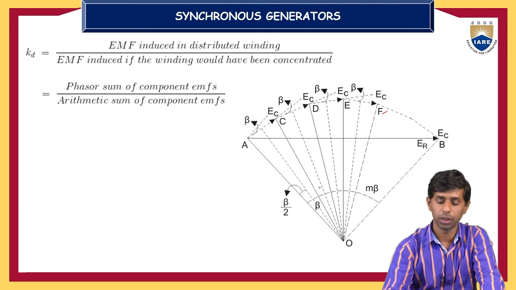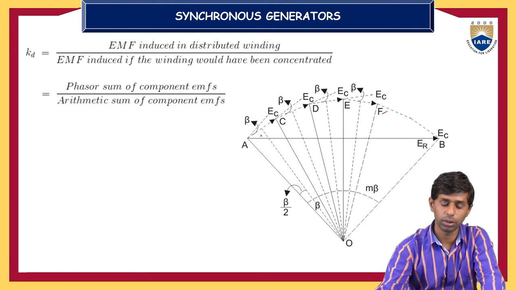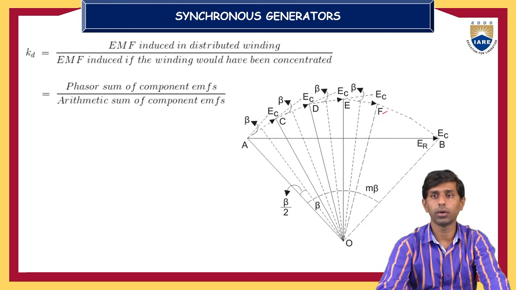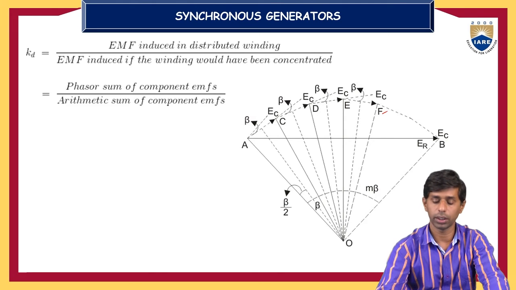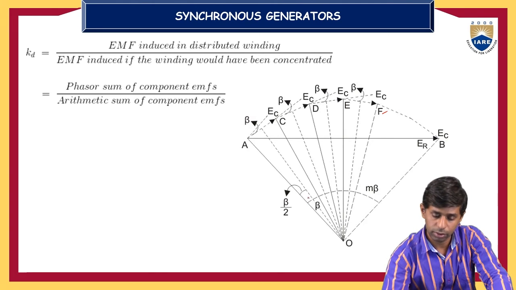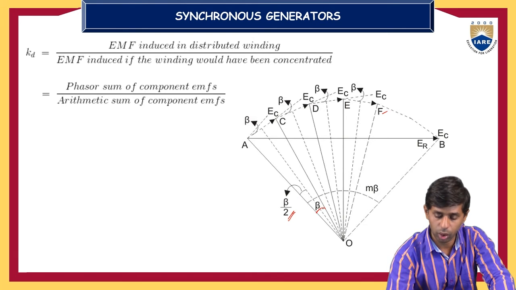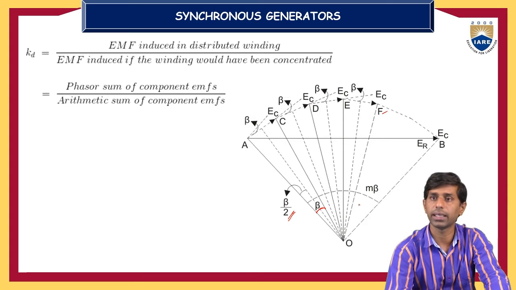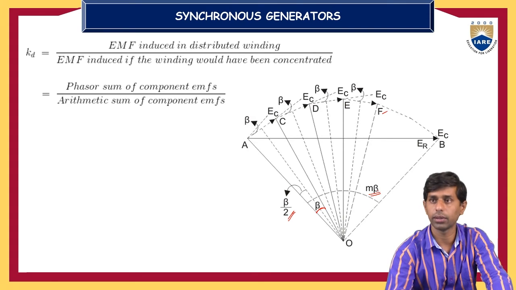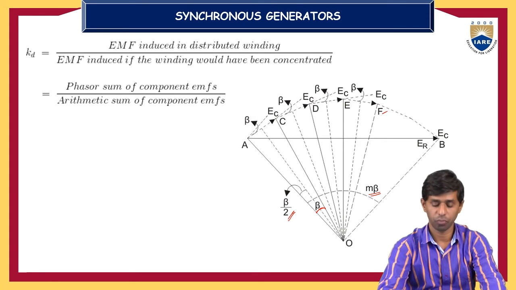For each coil, draw the bisectors, and the angle between these will be beta by 2, and this is beta for each coil. The total number of coils is M, so the total phase angle is M beta.